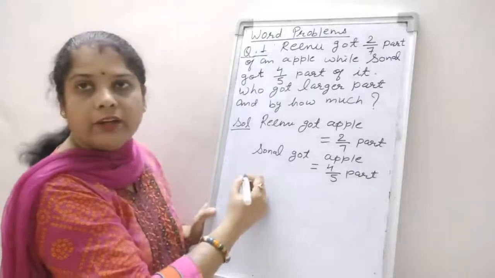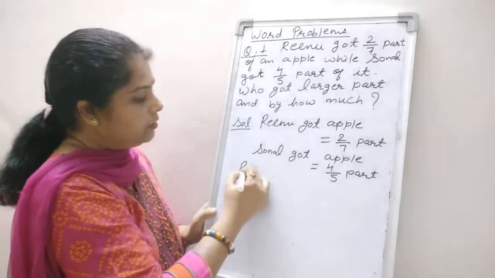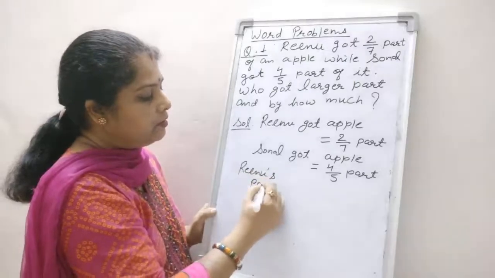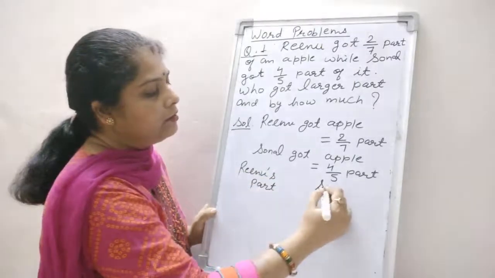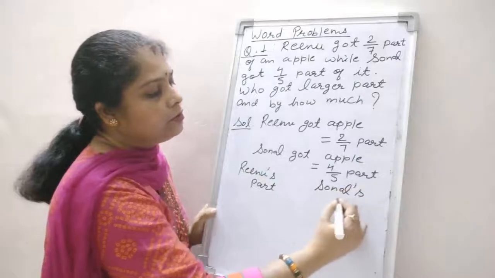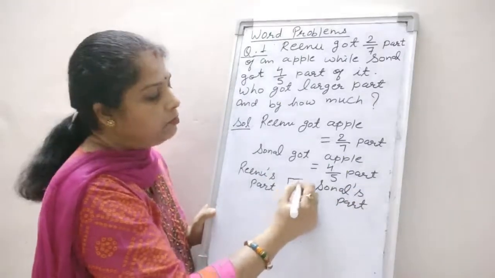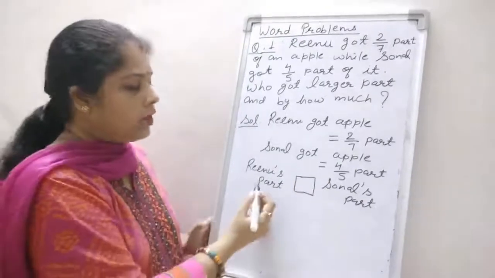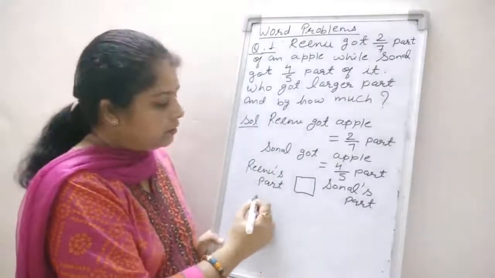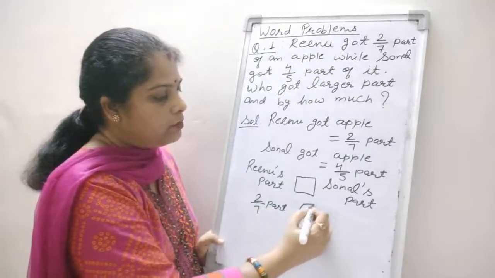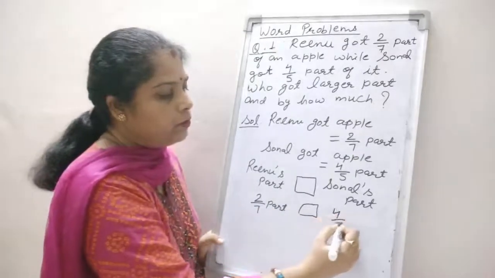So here we are writing the names: Reenu's part and Sonal's part. Now make a box between them. Now Reenu's part is 2/7 and Sonal's part is 4/5.